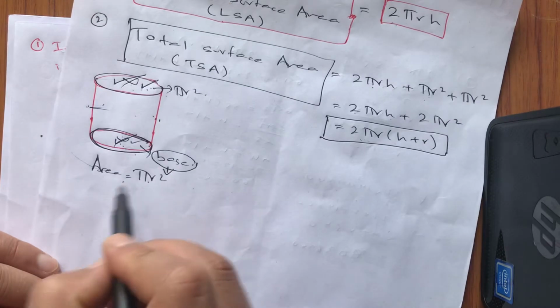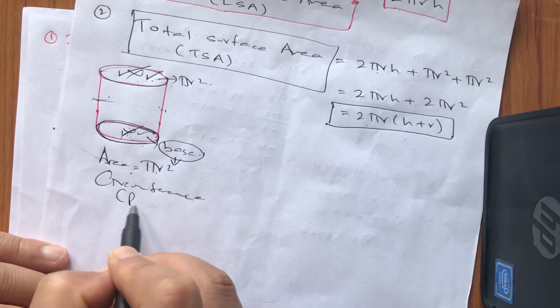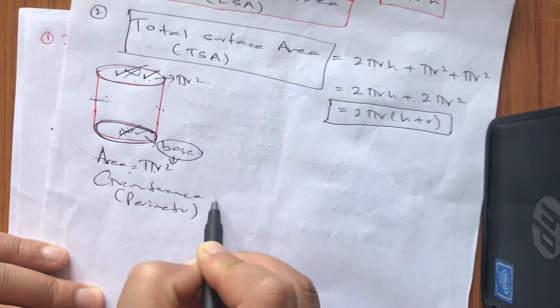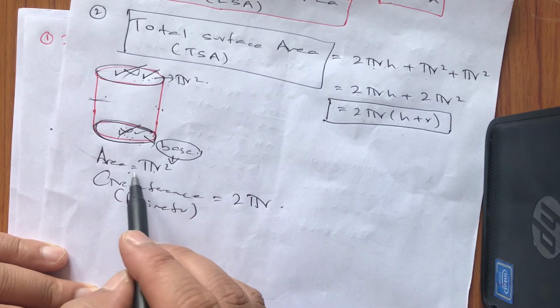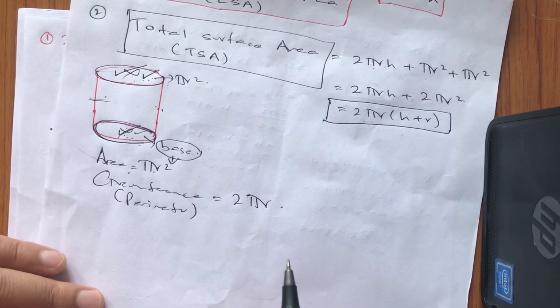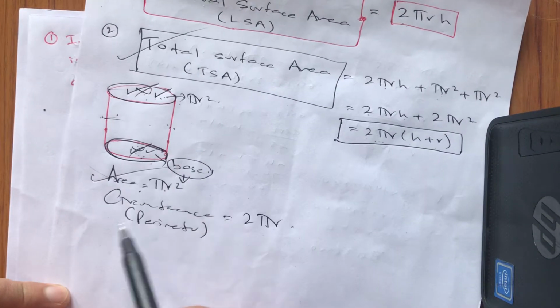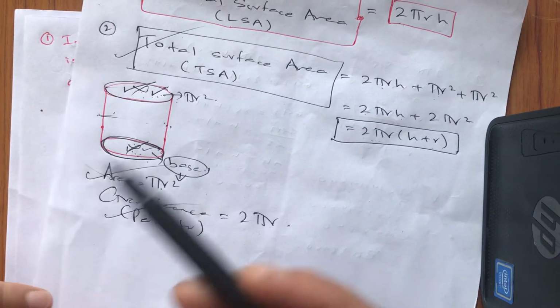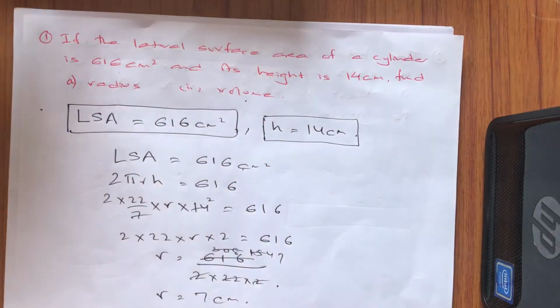And the circumference of the base, which I had already mentioned in the previous video, sometimes they also call it the perimeter of the base, is equal to 2πr. So sometimes they may give you the area of the base, then I'll write πr². Sometimes they may give you the circumference or perimeter of the base, I'll write 2πr. So it depends on what has been given. They may give you this, they may give you this, or they may give you this and this. So whatever has been given, use the formula and then find maybe the radius, maybe the height with the help of that.